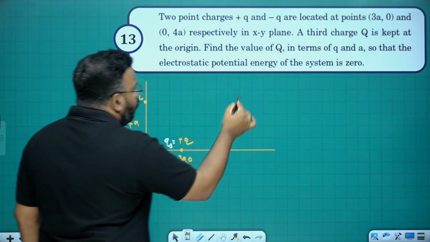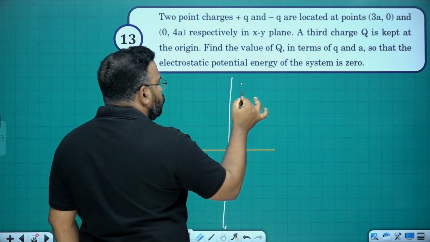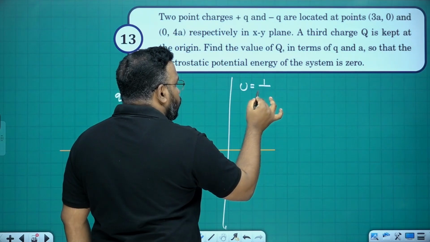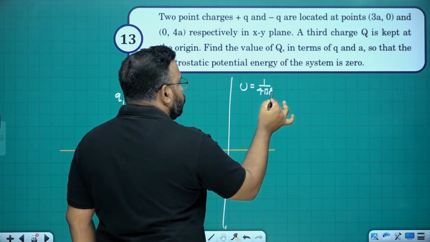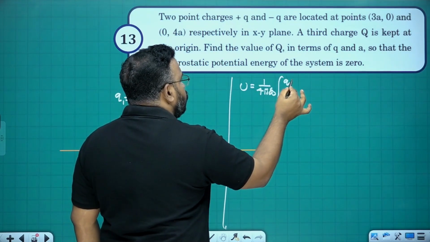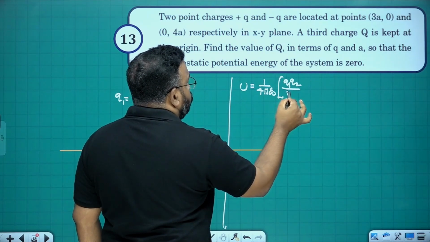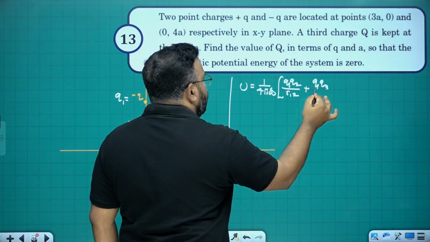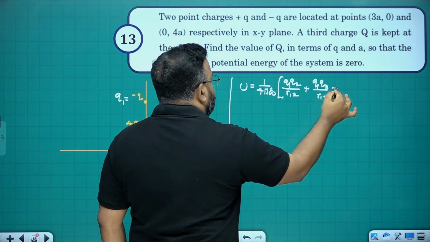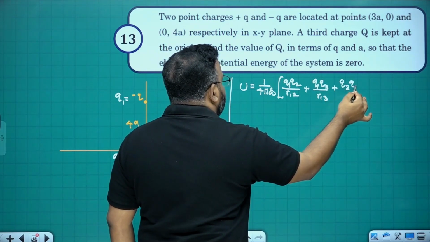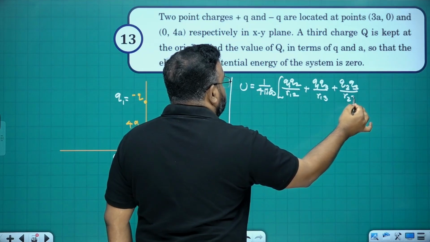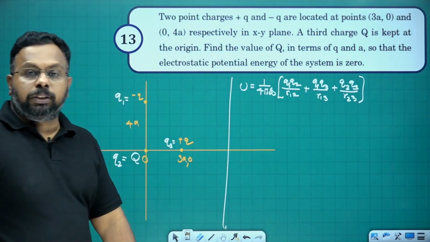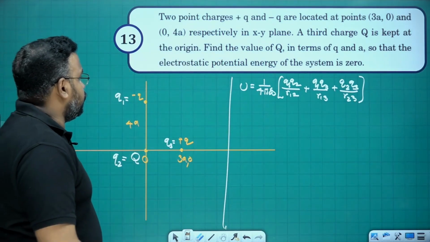So we have the formula for electrostatic potential energy of a system. It is 1 by 4 pi epsilon naught into q1 q2 by r12 plus q1 q3 by r13 plus q2 q3 by r23. This is the formula for a system of 3 charges.